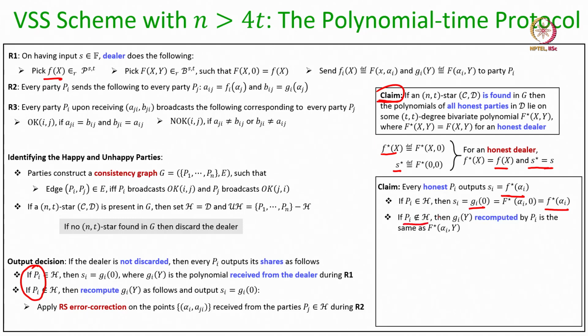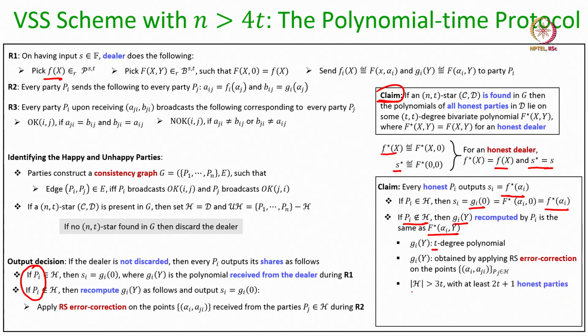Whereas there is a possibility that the arbitrary honest party Pi is not a part of the happy set, in which case it recomputes its column polynomial, and again we can show that the recomputed polynomial is the same as the ith column polynomial of the f star bivariate polynomial. This is because the recomputed polynomial is obtained by applying the Reed-Solomon error correction process. Its degree is t, and the cardinality of the happy set of parties is at least 3t plus 1, with 2t plus 1 among them being honest parties.